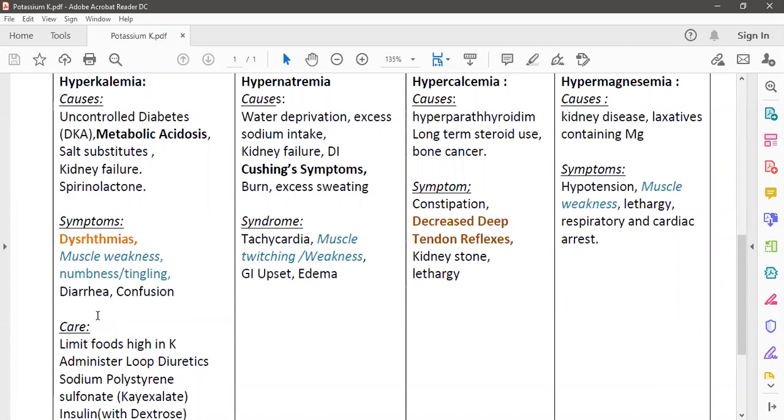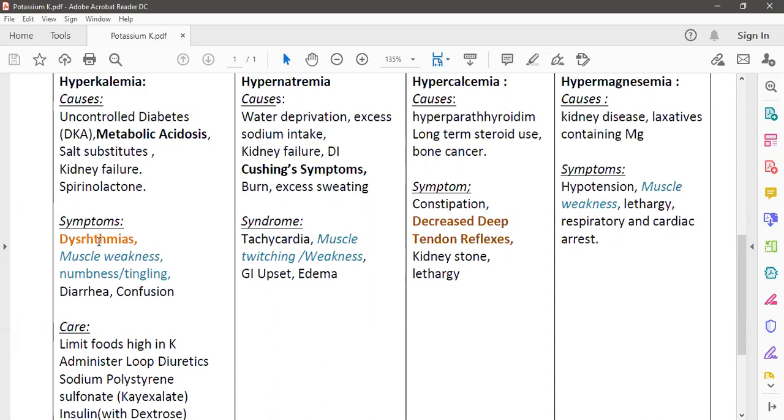So in case of hypokalemia, we have to monitor the heart rate and rhythm, because the patient develops dysrhythmias. I want to tell you, both hyperkalemia and hypokalemia develop dysrhythmias.